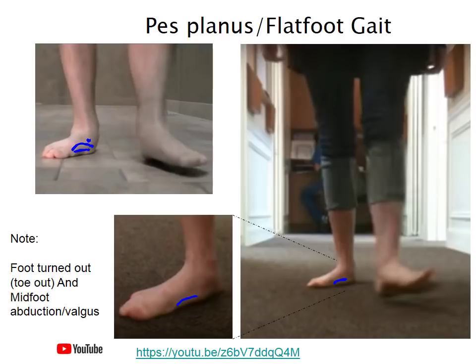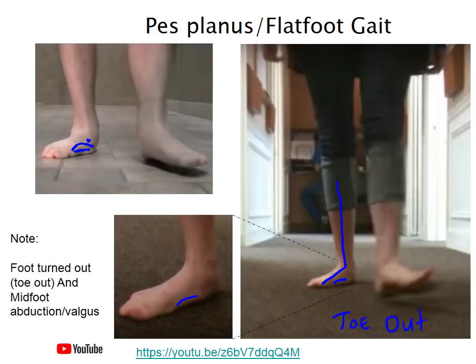So there's a couple gait deviations that we see here. On this picture on the far right, we have a foot that has a very robust turnout, or toe out is what we call it. It's also called a foot progression angle, but today we can just call it toe out.